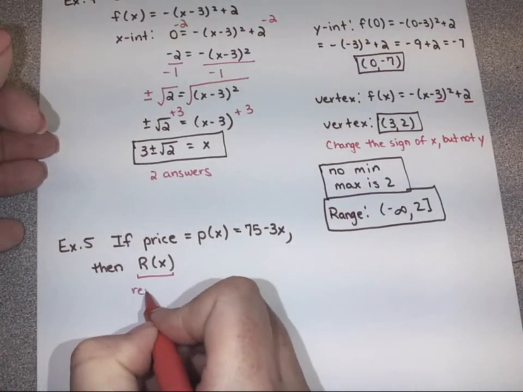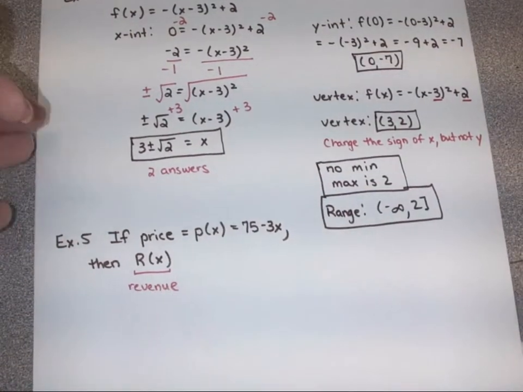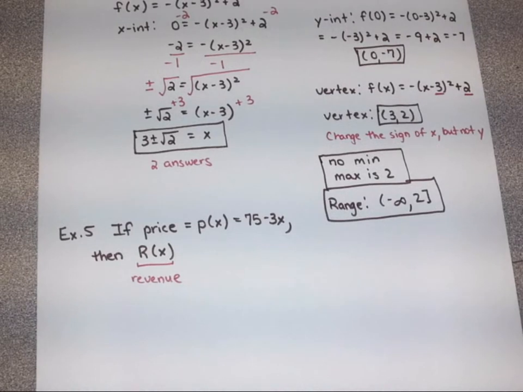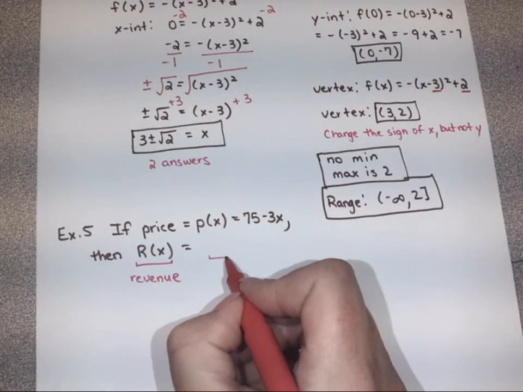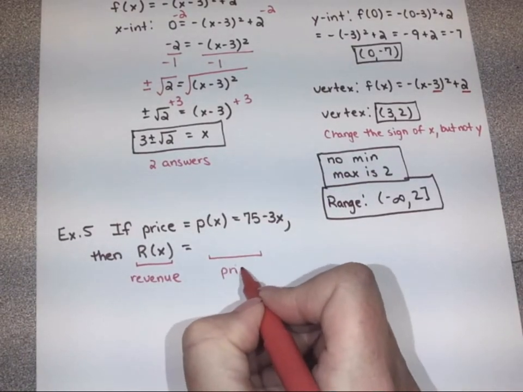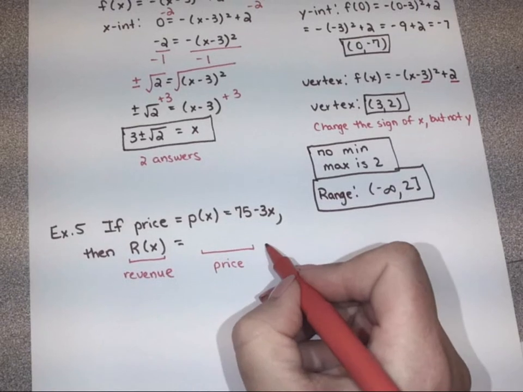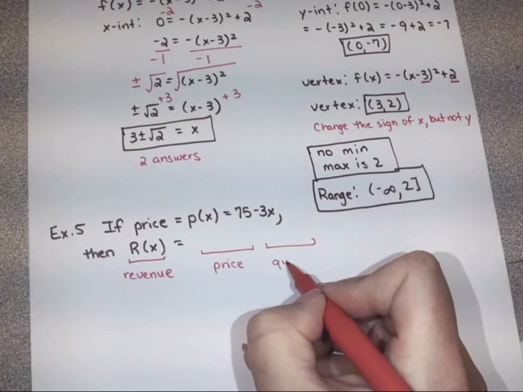Revenue. And just a quick review, remember from the other day, revenue is the money that's brought in from the sale of however many items, okay? So to find the revenue, you need two things. You need price and you need quantity.